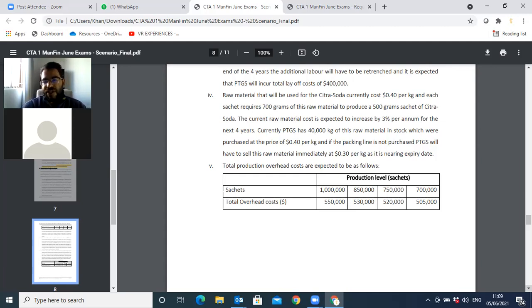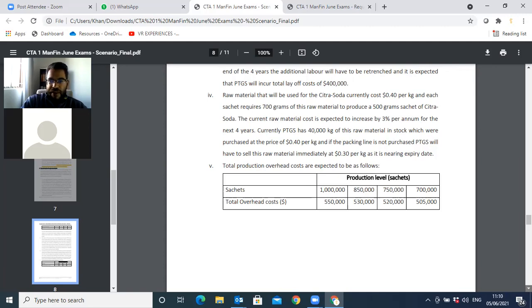So when we use it, we're going to forego an opportunity cost of selling the current kilograms at 30 cents per kilogram. The total production overhead costs are expected to be as follows, based on the production level.